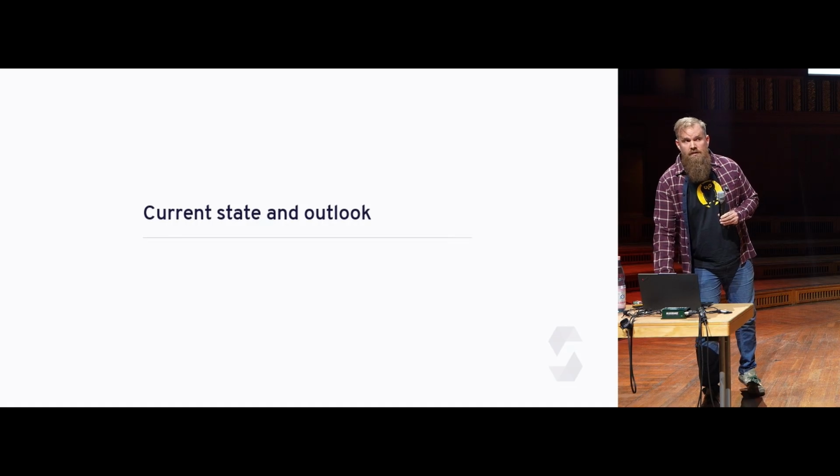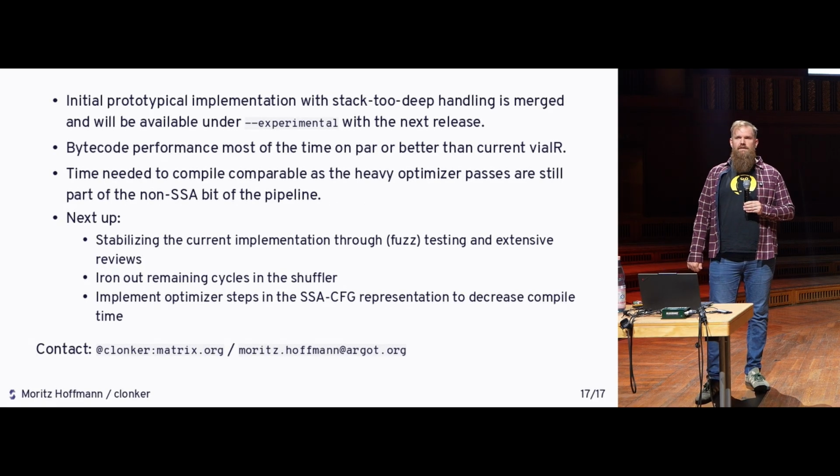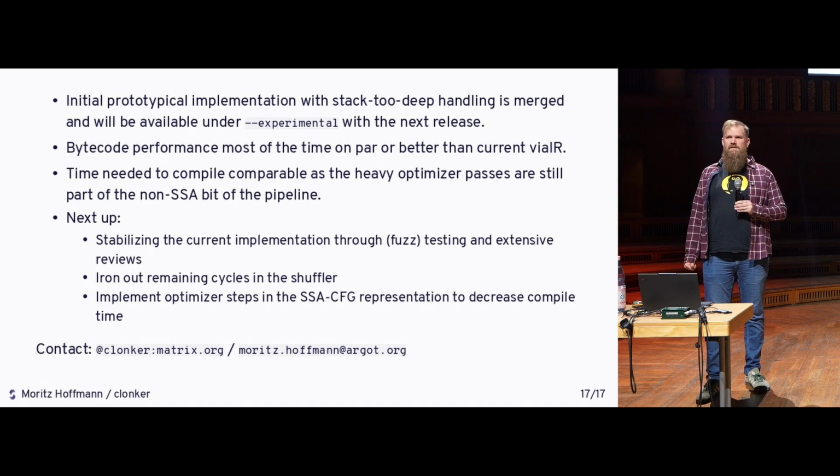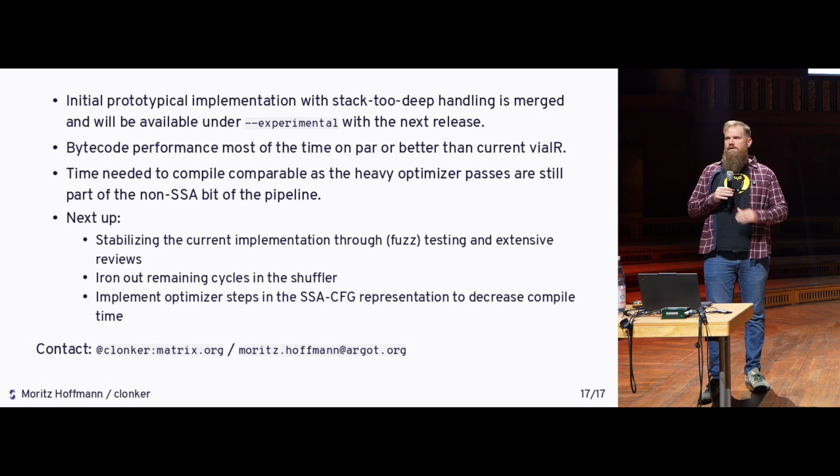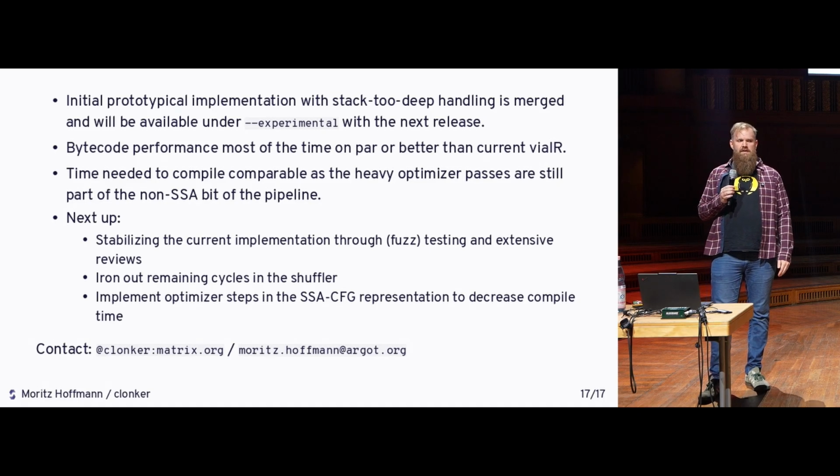Okay, so what's the current state? I already said it's on develop, including memory spilling. We're still ironing out a few kinks, but under an experimental flag, you can use it, you can try it out. The bytecode performance of this new backend is mostly on par and also surpasses the current viaIR pipeline at times.